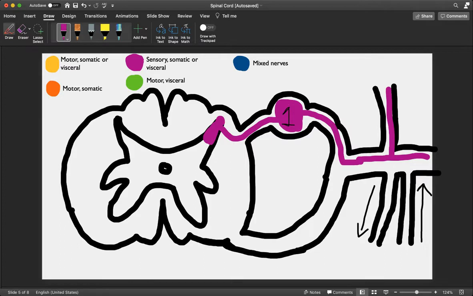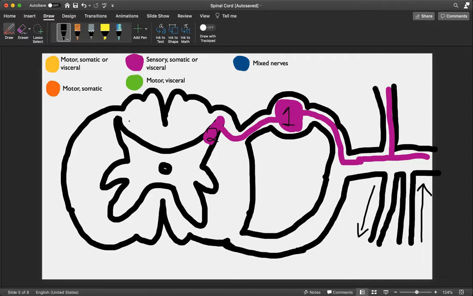When it hits the posterior gray horn, it becomes second order sensory somatic, sensory visceral. It does then go up into the brain to get processed by the integrative processing. It does become third order sensory somatic or visceral in the thalamus.